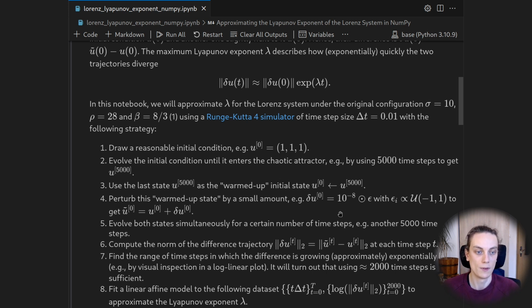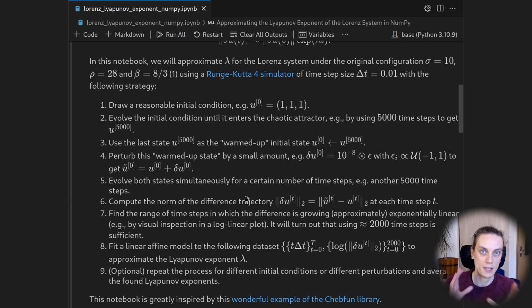And ultimately, we're then evolving both the unperturbed state, u0, as well as the perturbed u tilde 0 over time, let's say for another 5,000 steps, and then compute the difference between the two trajectories and compute the norm over all three state variables.